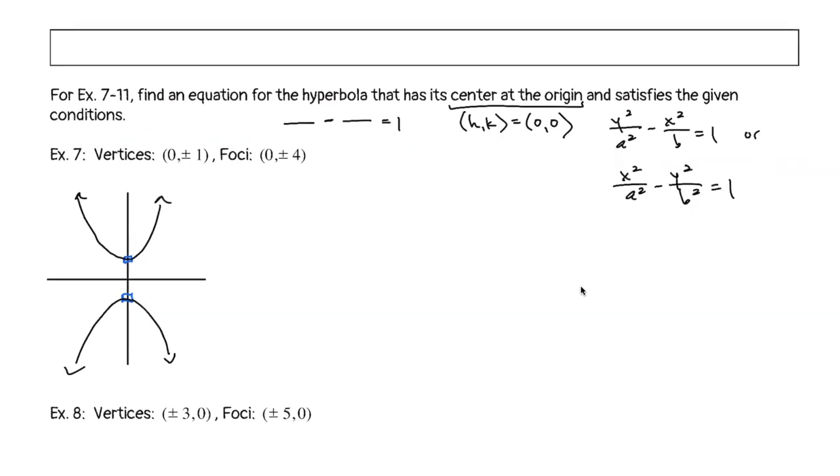Now, even without drawing the foci, can you folks tell me, should we be using the first equation or the second equation? First. Yeah, we're going to be using that first equation. Okay. And so if we take that first equation, we can start to fill in some numbers. Y squared over something minus x squared over something else is going to equal 1. And so what are your thoughts? What number should go underneath that y squared?